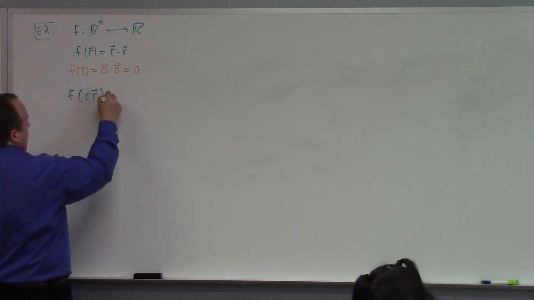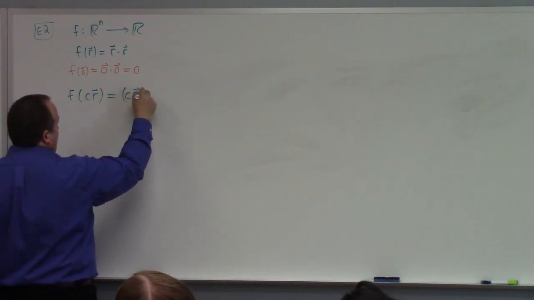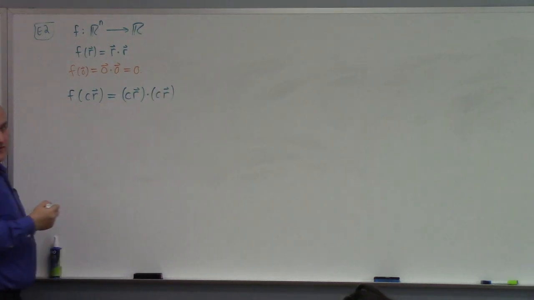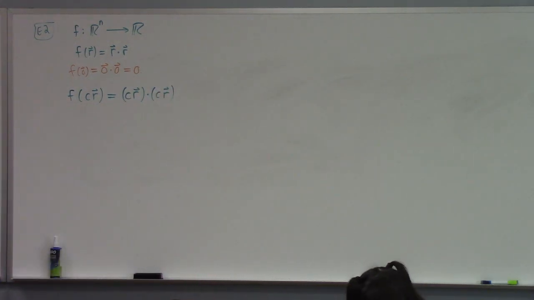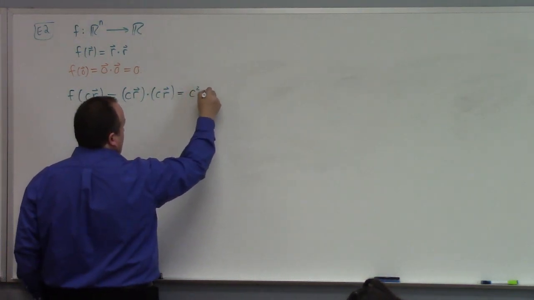How does that go? I'm ignoring you, Gideon, sorry. I mean, I don't disagree with you. Additivity is another way we could show that it's not a linear transformation, but that would require more mental energy. It's easier to see this, because cr dot cr is what? C squared r dot r, right?